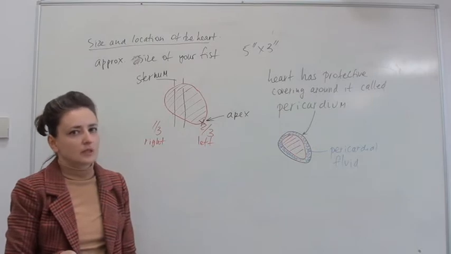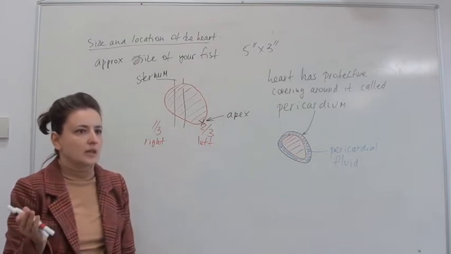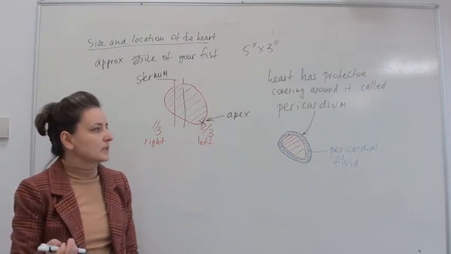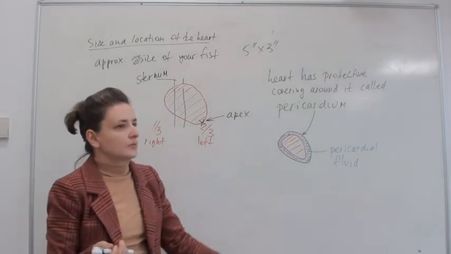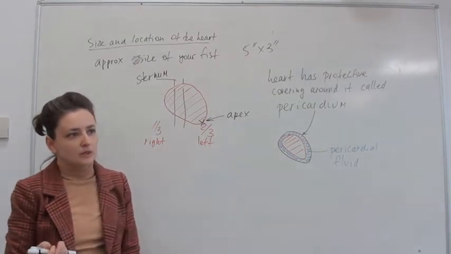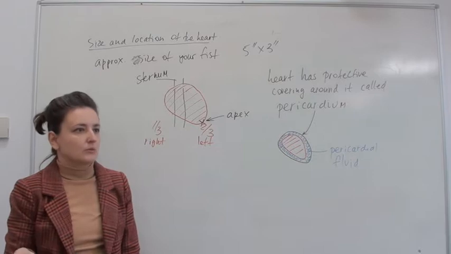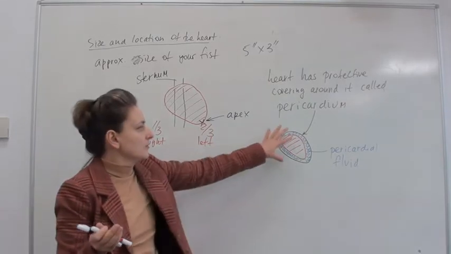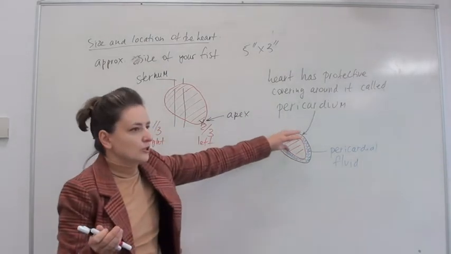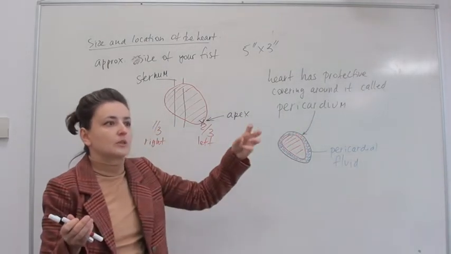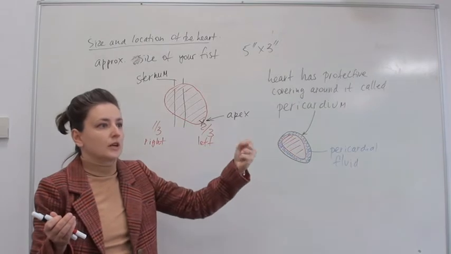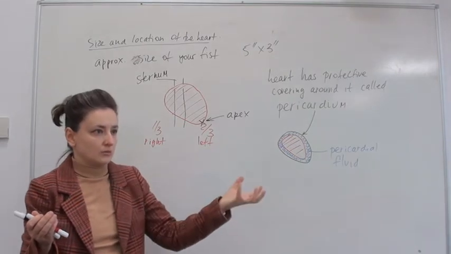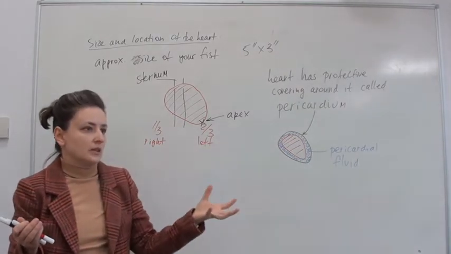There is a particular condition, I can't remember its name off the top of my head, where the pericardium starts to overproduce that fluid, sometimes due to an autoimmune response, for example. That means that fluid starts to push on the heart muscle and does not allow the heart to contract and relax properly, and that could ultimately cause the heart to stop.